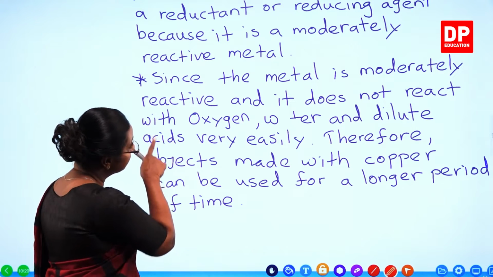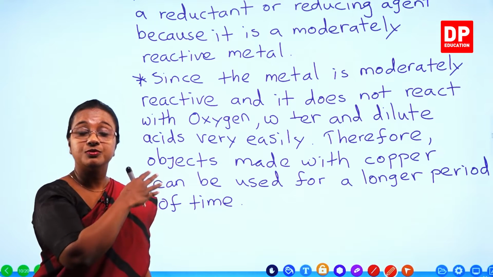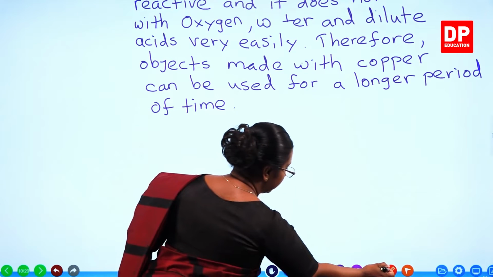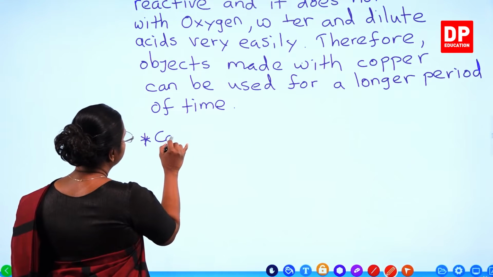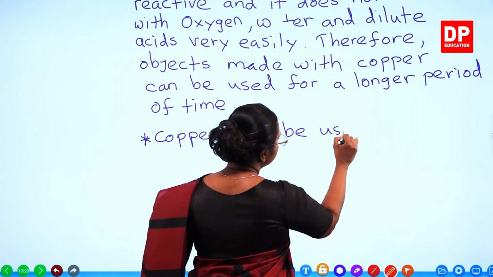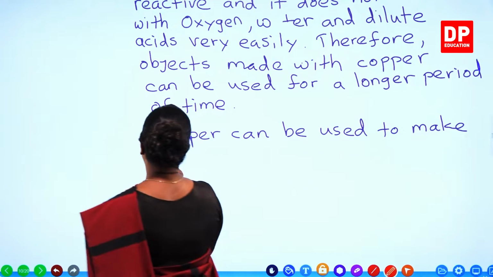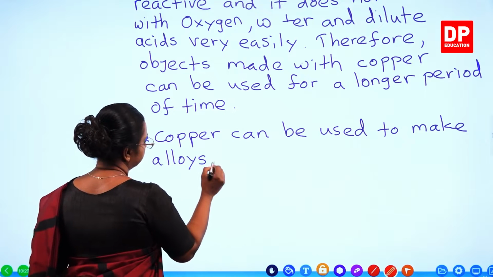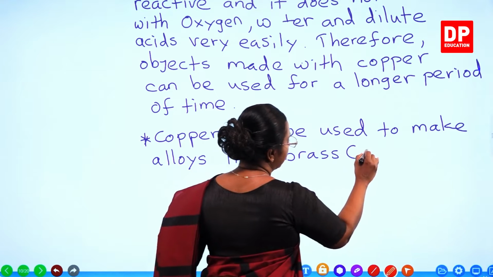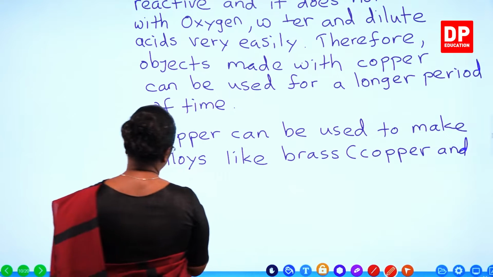That is another reason again why we use objects made up of copper and why it has been in use for a long period of time. So that also can be included here. Copper can be used to make alloys like brass, that is copper and zinc.